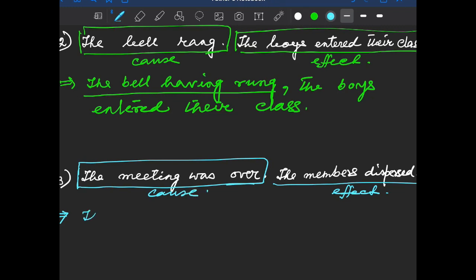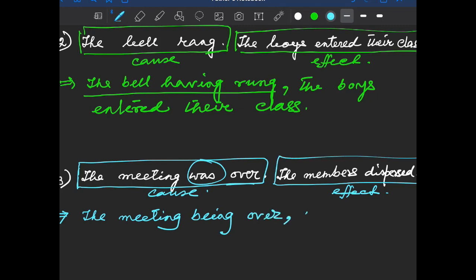So write this way, the meeting, be verb is there, so being, the meeting being over, comma, I write this sentence after this. The members dispersed. Okay, the meeting being over, the members dispersed. Okay, students, now check your answer.